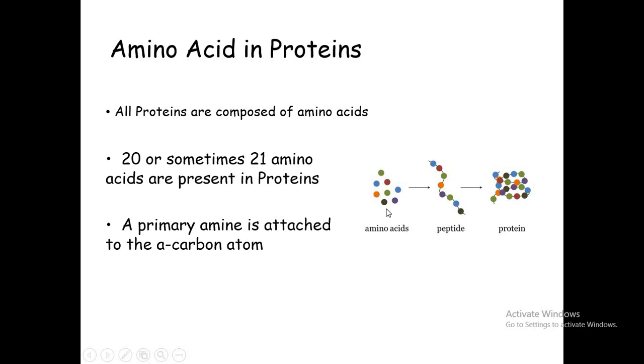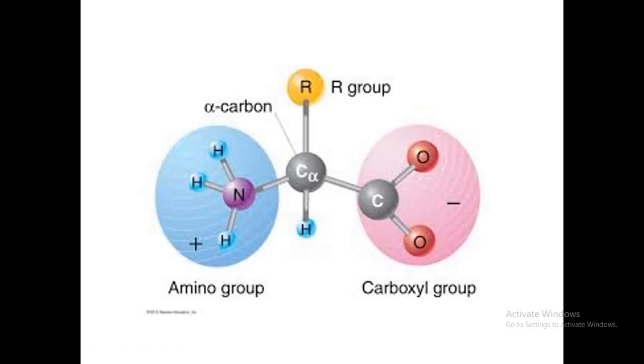Amino acids are organic molecules composed of an amino group, a carboxylic group, an R chain, and a hydrogen atom that is present in all amino acids.